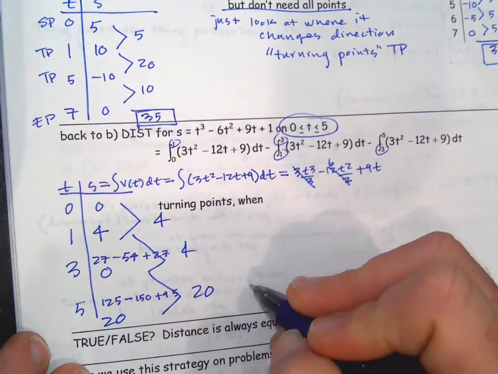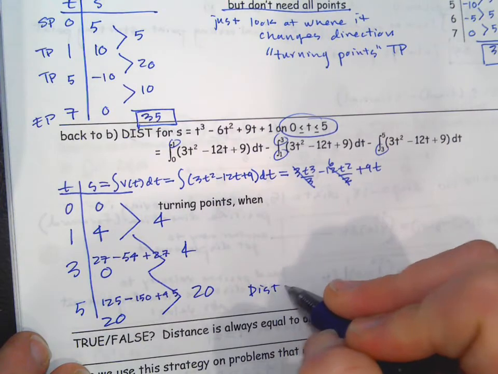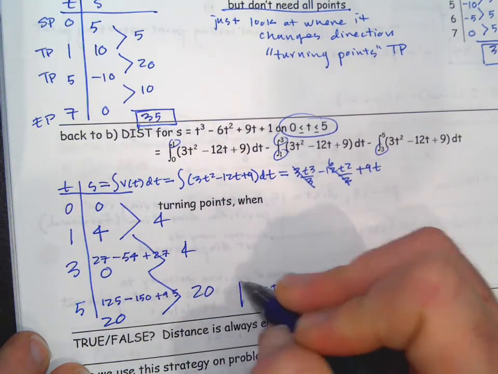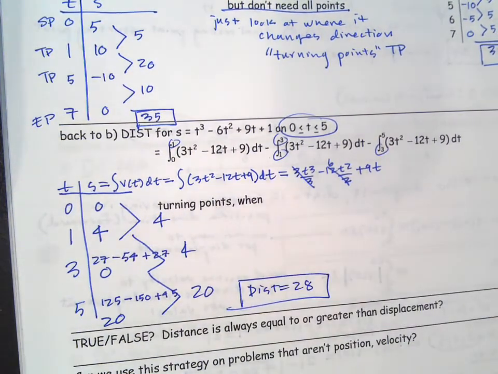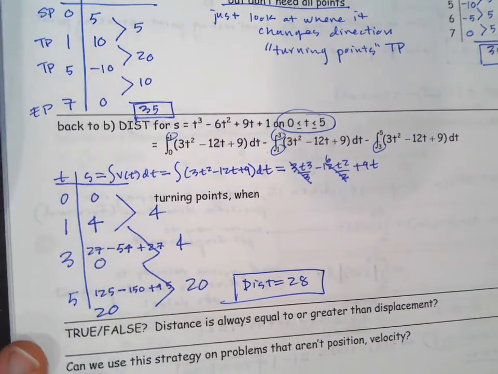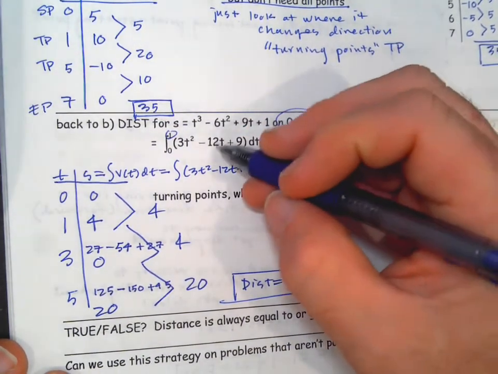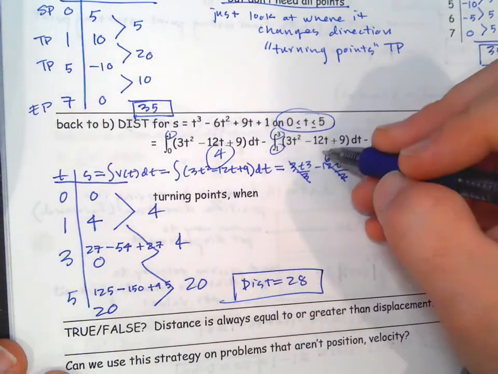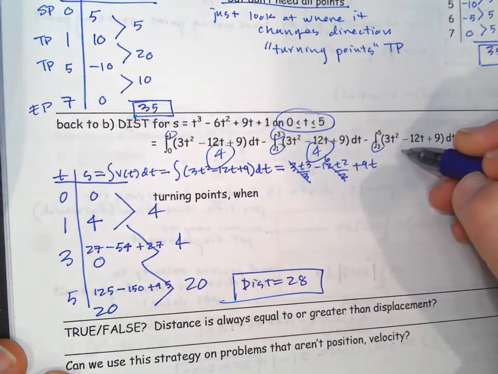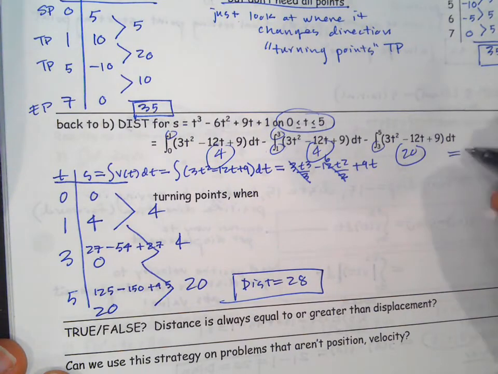The answer for distance is 28. Okay, now that's what we would have got if we did all of this work. We would have eventually got a 4 from this, a 4 from this, a 20 from this, and it would have been 28.